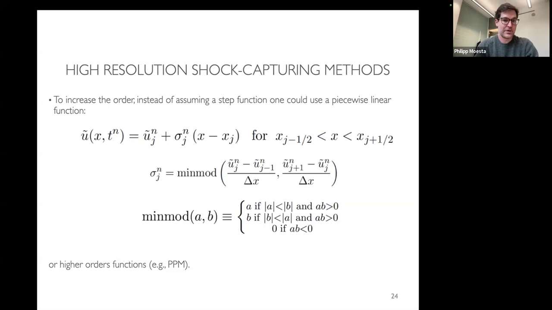We can do this at higher order, and this is what is typically called high resolution shock capturing methods, where instead of assuming a step function to represent our discrete solution of the continuum function, we can also do this with piecewise linear functions, and we can go to much higher order and reconstruct our solution in much higher numerical order to more accurately approximate the continuum solution.